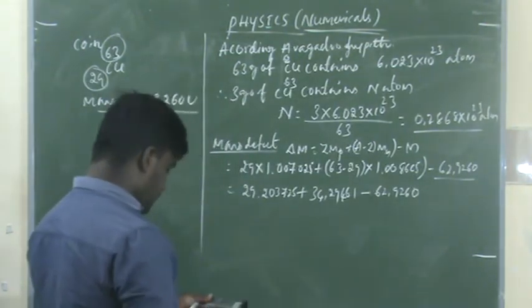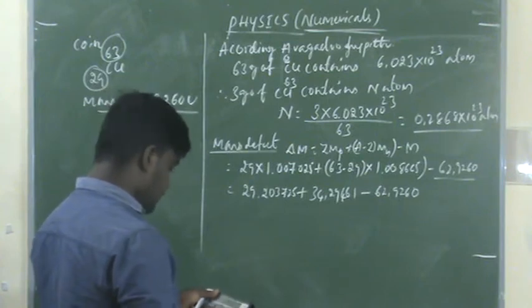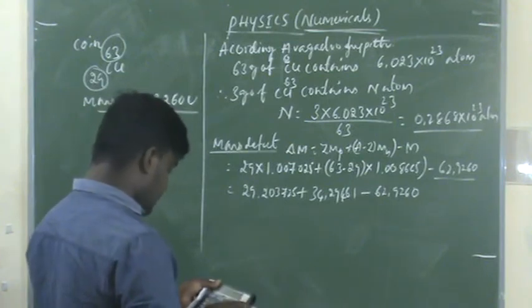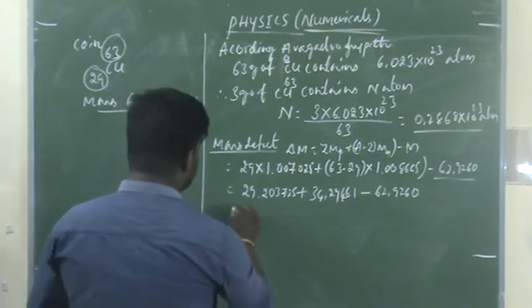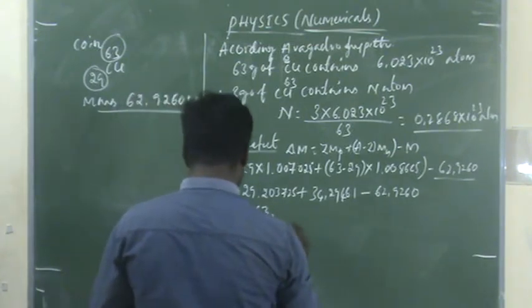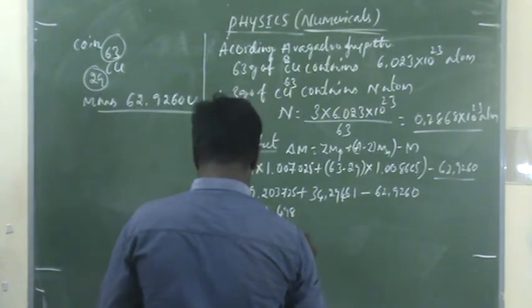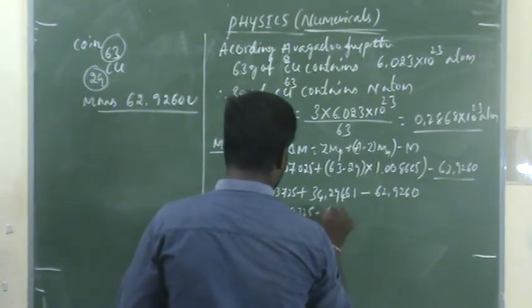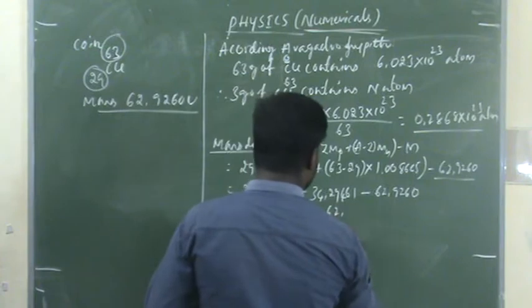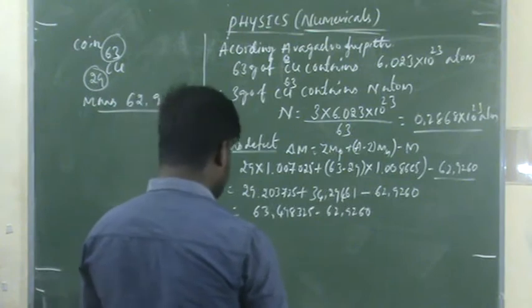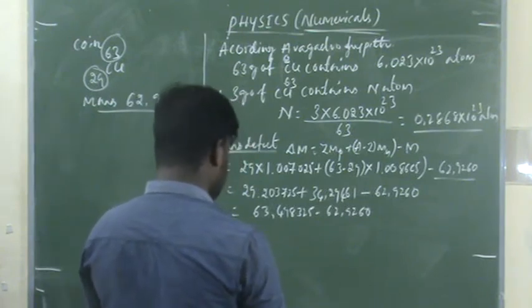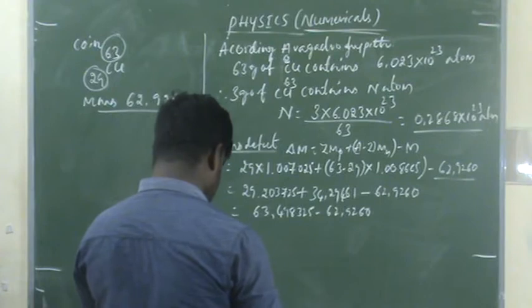So 29.203725 plus 34.2946 is 63.498325, minus 62.9260.